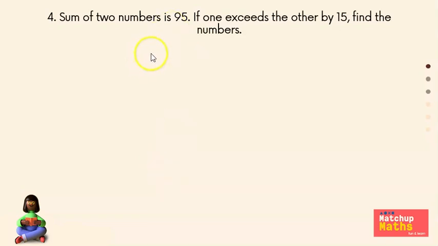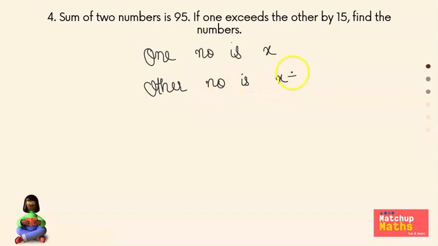So let us assume that one number is x. So the other number will be x plus 15. Now we are given that the sum of two numbers is 95. So here it will be x plus x plus 15 is equal to 95. So 2x plus 15 is equal to 95.